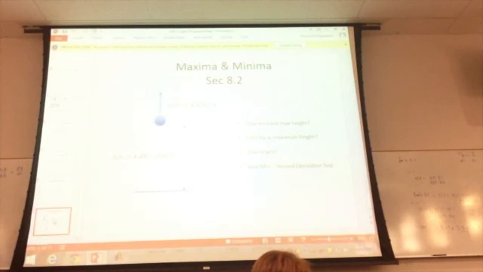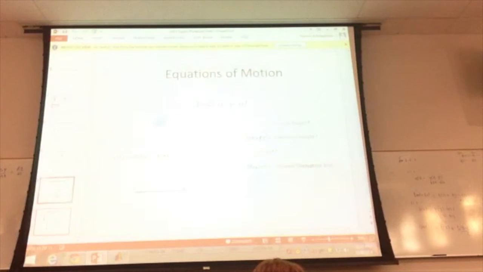All right, so we're going to use one of the equations of motion and set up position as a function of time. So this is S equals ut plus 1/2 at squared. I'm using that equation because I'm tossing the ball with an initial velocity of 4.43 meters per second. So that's my u. Time is my independent variable.